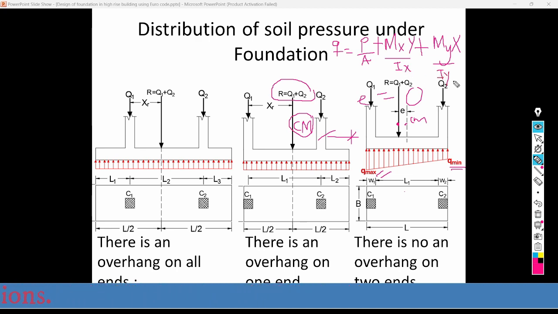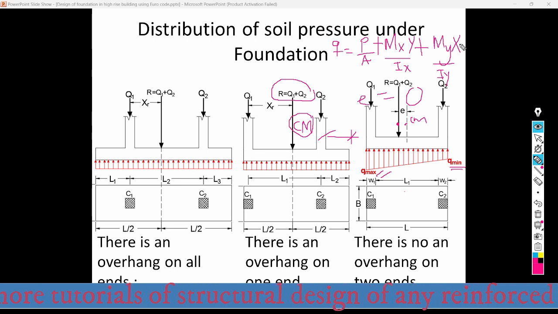So Ix and Iy are the moments of inertia of the foundation with reference to the centroidal axes. And Mx and My are the eccentric moments about the centroidal axes of the foundation.